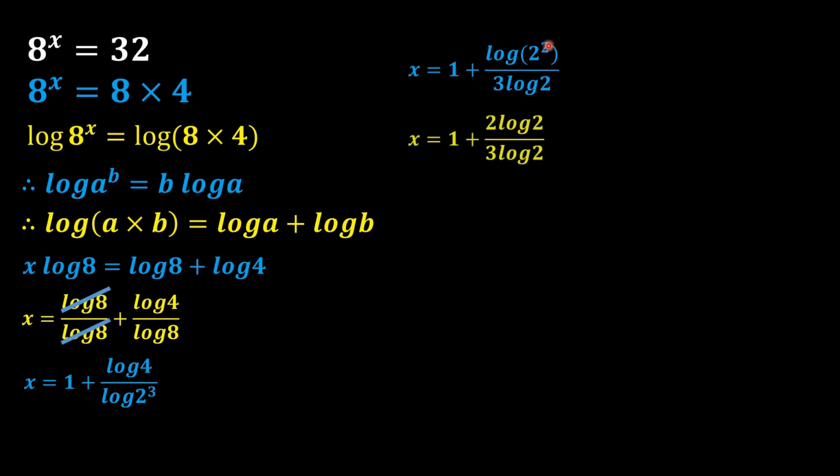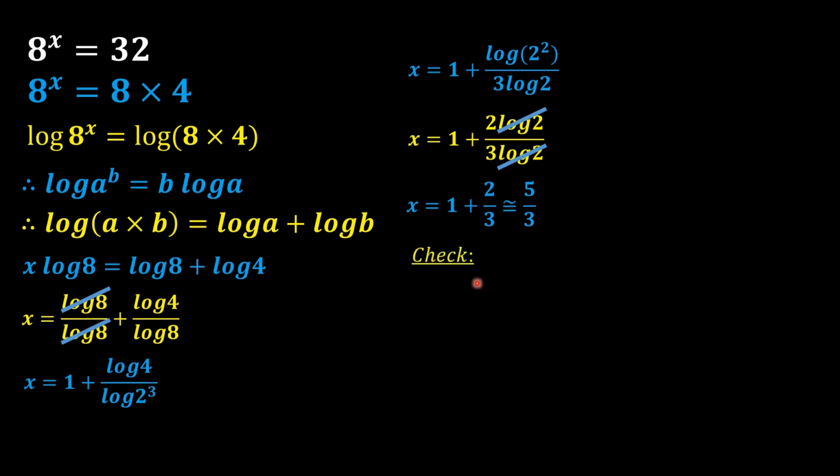As a result, we should get x equal to 2 log 2 over 3 log 2 plus 1. Now this log 2 and this log 2 will cancel out together. As a result, we should get x is equal to 1 plus 2 over 3, which will be equal to 5 over 3. And this is the answer for the value of x.